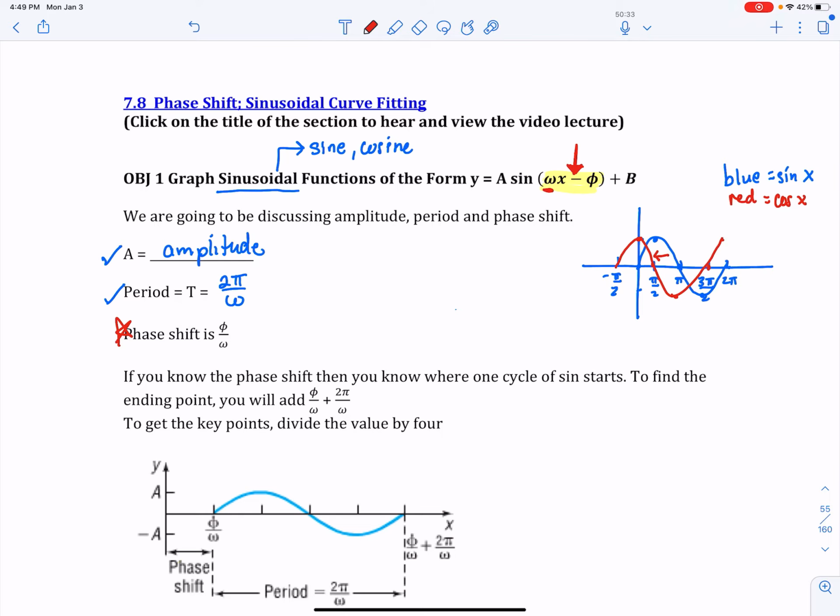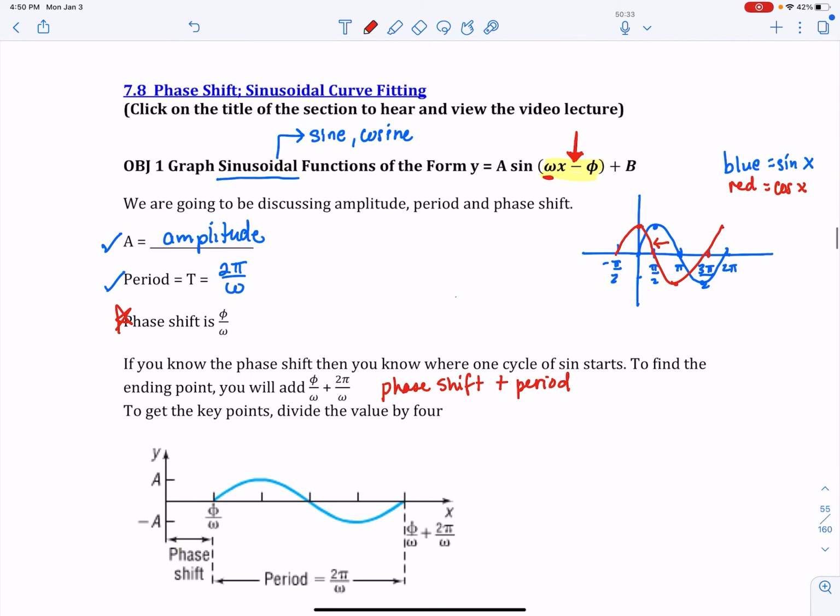If you know the phase shift, then you know where one cycle of sine starts. To figure out the endpoint, you're going to add the phase shift plus the period. So that's where they got that formula: phi over omega is the phase shift, and 2 pi over omega is the period. Here's an example.